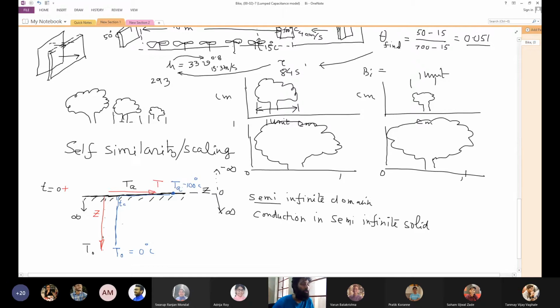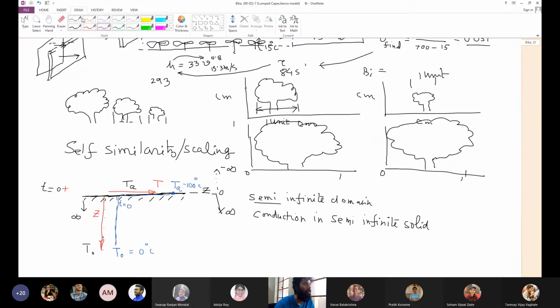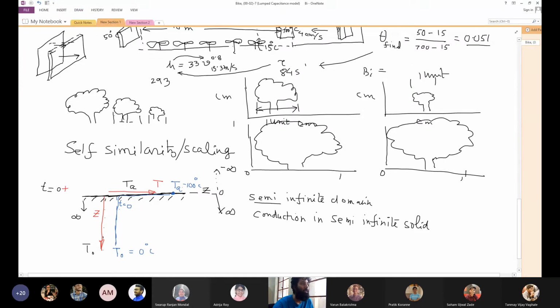Now, suppose t equals 10 seconds. At t equals 10 seconds, it has heated up to a certain distance, up to about here; a little heat-up occurred. But beyond this distance, it is still at 0 degrees.